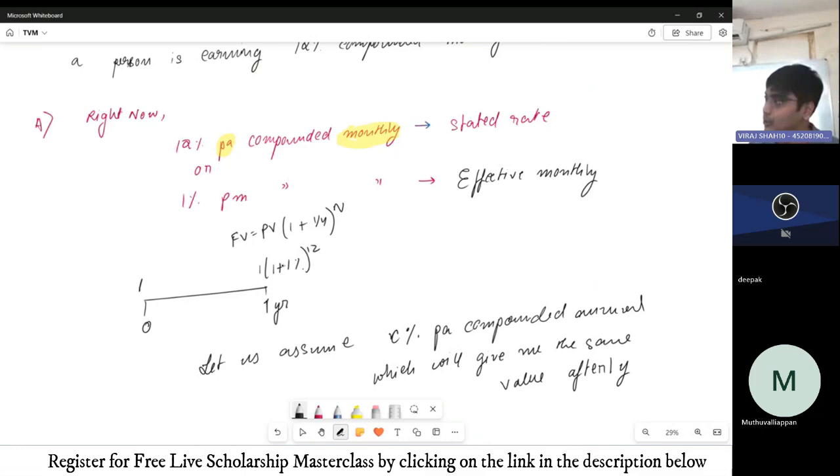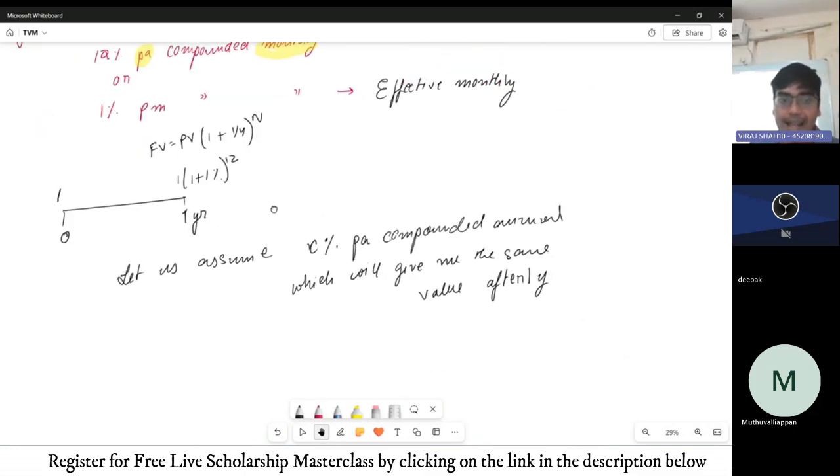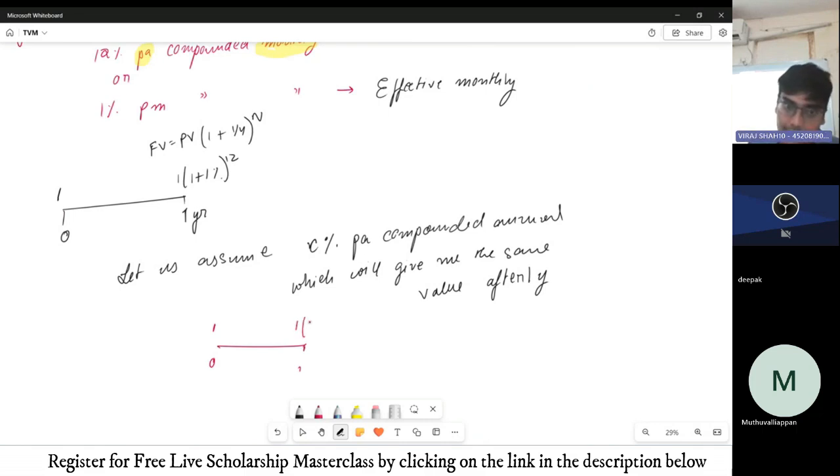That means I know this is the value I want to get, but now instead of compounding it monthly, I will compound it annually. ये 1 वापस इन्वेस्ट किया 1 साल के लिए, but now my 1 will earn X% for 1 year. I want an interest rate that gives me the same future value, but I only compound it once a year.